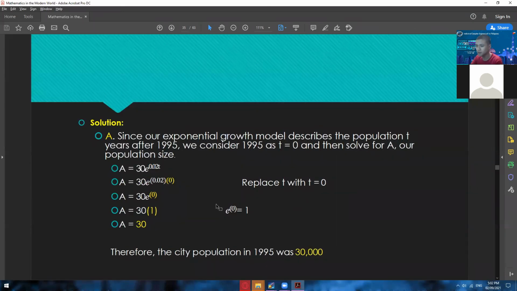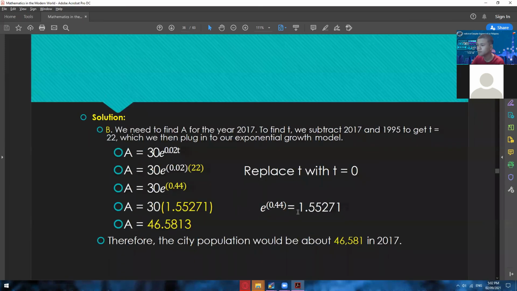So was I able to answer your question, Mr. Cian de la Cruz? Then, di ba 2.718, sir, yung value ng e? Then, A times 0.44.